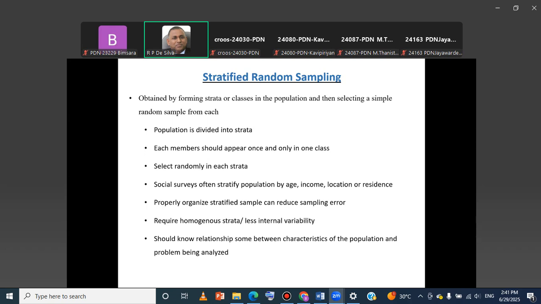Right? Similarly, you can have older people, middle age, young people, small babies. Again, stratification. Why we stratify? We want to have each of these categories represented in the sample.